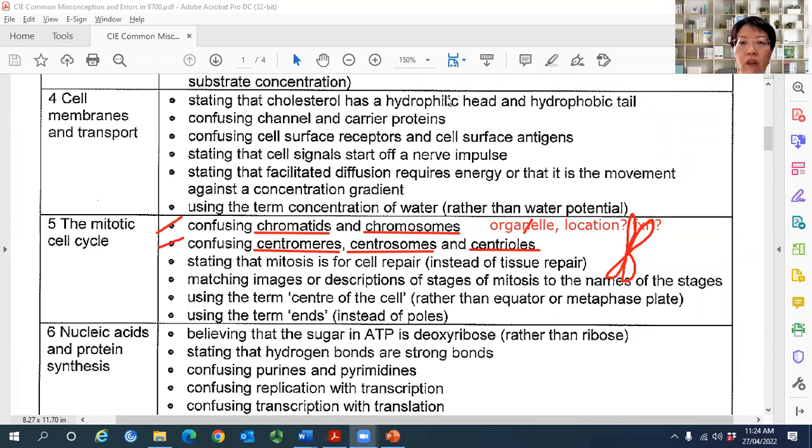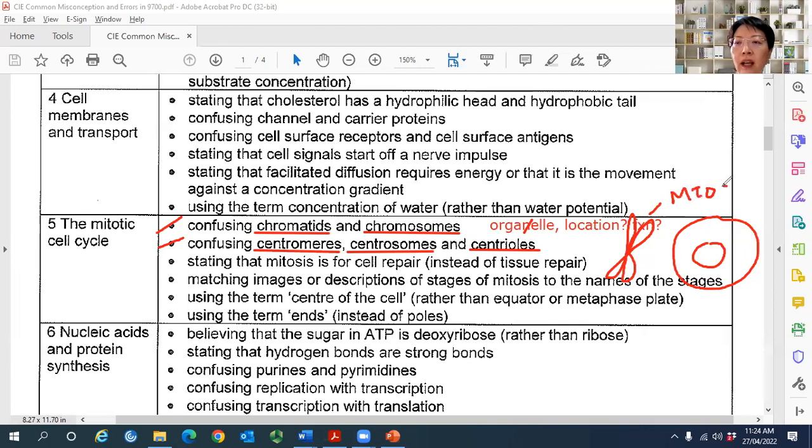Location of, okay, thank you. Location of centrosome where? Faster, faster. Is the centrosome like the microtubule organizing center? Yes, so you're telling me the function, right? I'm asking you where. Good, function is MTOC, microtubule organizing center.